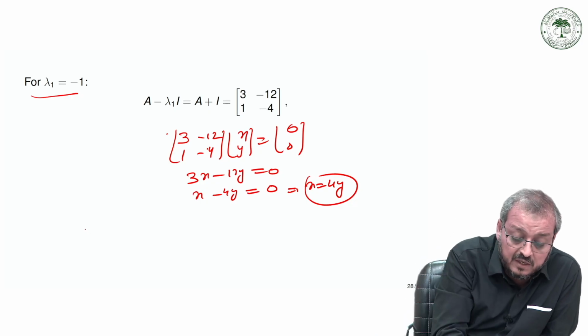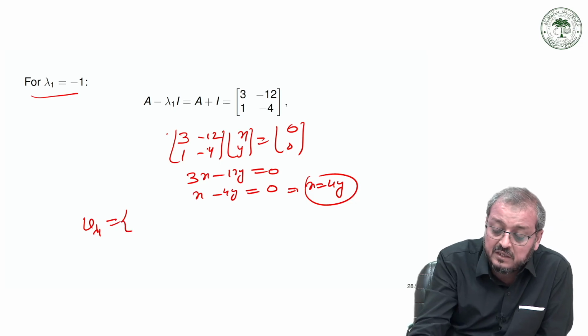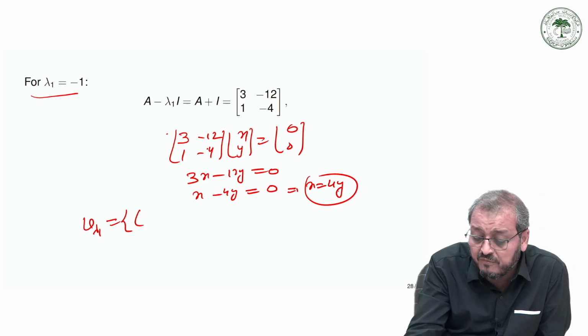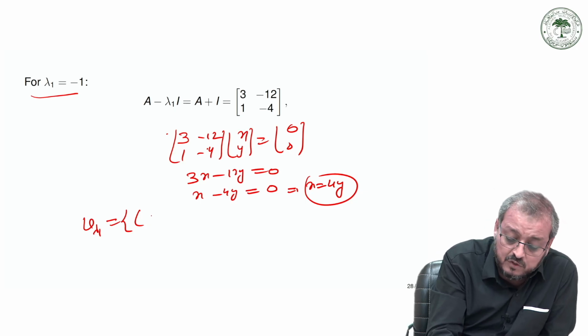So we can say that v of lambda 1 is written in the form where y is equal to t, so x is equal to 4t.